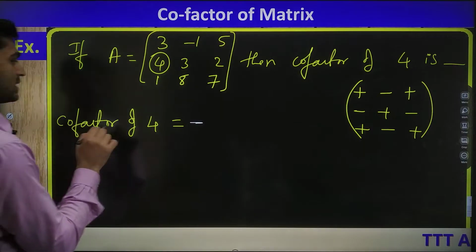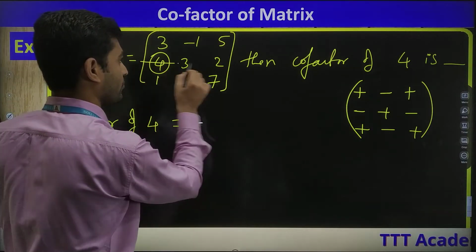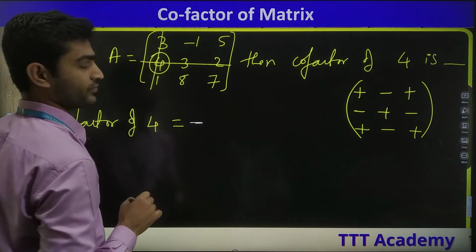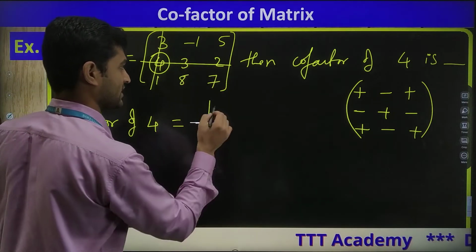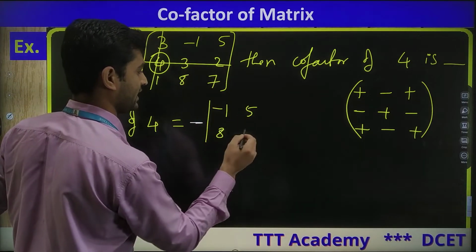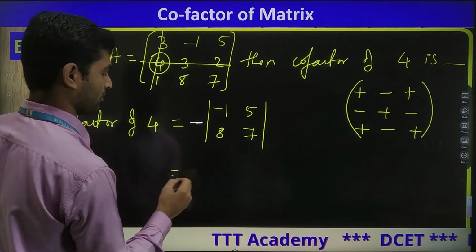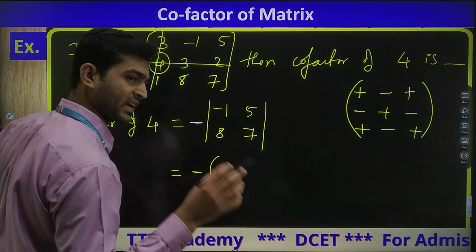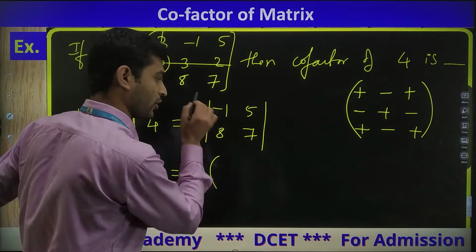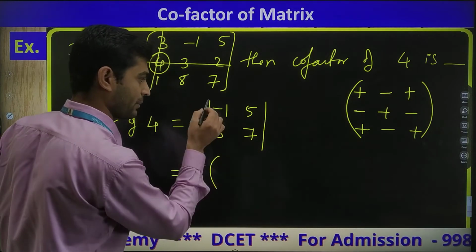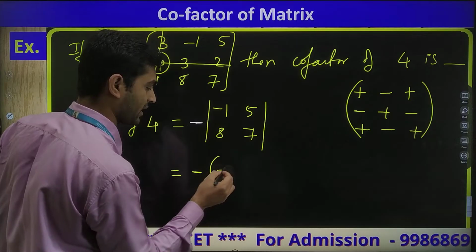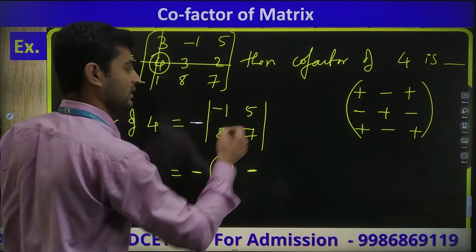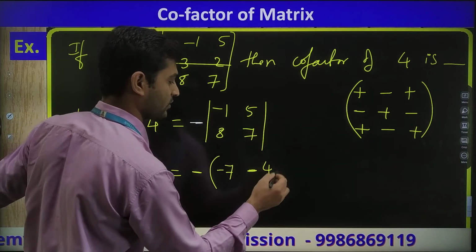Next, if you cancel the second row and first column, what are the elements? That is minus 1 5, 8 7. Keep this minus the same. How do we simplify this determinant? The determinant can be simplified by the product of the first principal diagonal elements: minus 1 into 7 is minus 7, minus 8 into 5, 8 fives are 40.